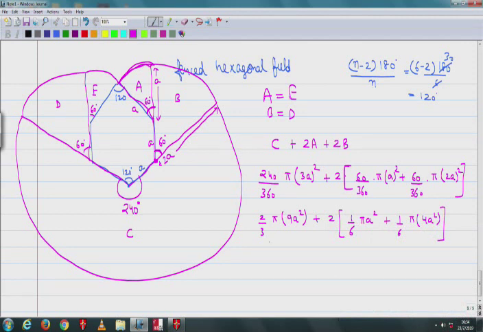So 6 pi a square plus 2 times of, that is pi a square plus 4 pi a square, that is 5 pi a square, divided by 6, and this will cancel out 3 times. So if you take the LCM over here, that will become 18 plus 5, 23 by 3 pi a square. That is going to be the complete area for the grazing field.